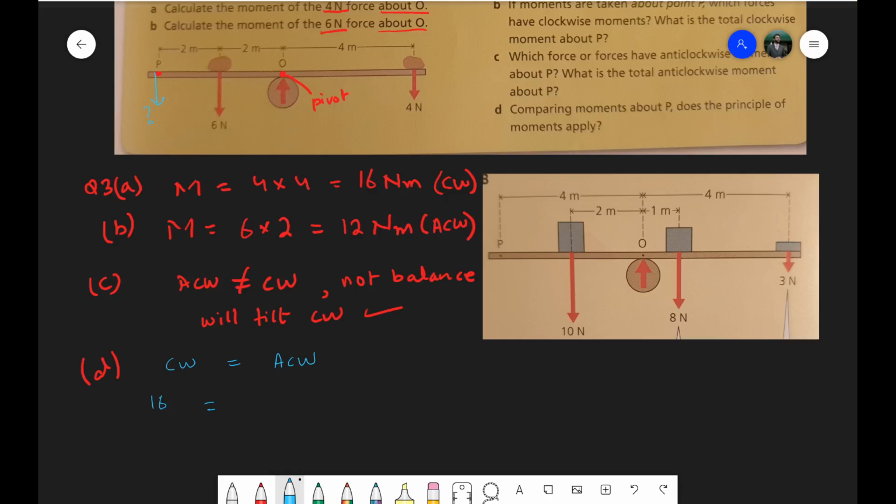The 6 Newton force applied an anti-clockwise moment of 12 Newton meter. Now the blue force, the force which is acting at P, is not known, so we'll just call it F. But we do know that this point P is 4 meters away from the pivot.